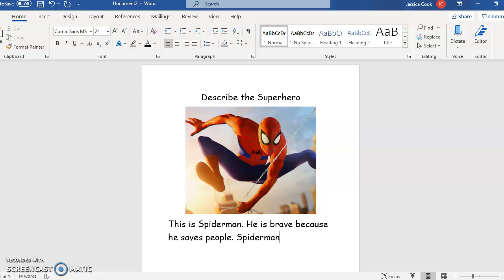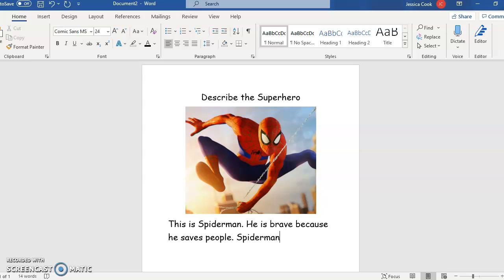You don't have this sheet in your work pack because I want you to draw your own. I just want you to have this to look at, but you can draw your own superhero. This is all about how we are writing sentences, okay? Making sure we're using full stops, capital letters, finger spaces, and reading to check that it makes sense afterwards.